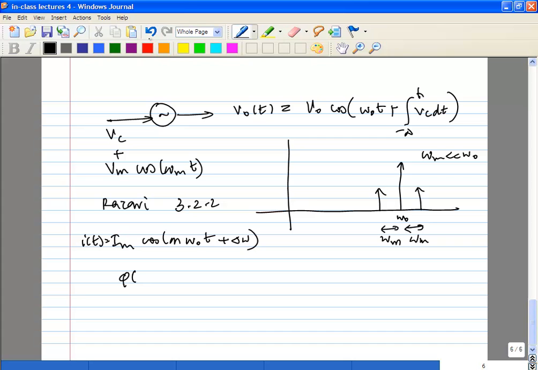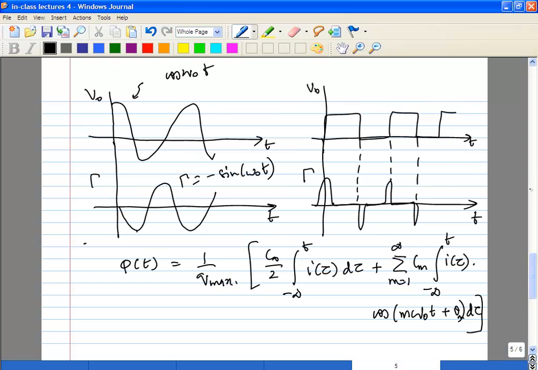What is phi of t? You can show that... so all you have to do is take this Im cos omega naught t and put it into this expression.